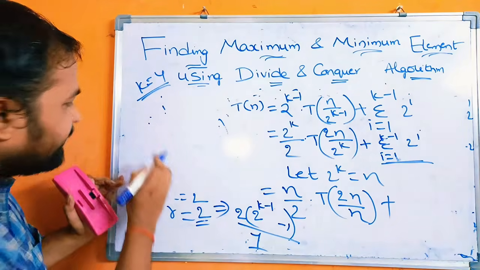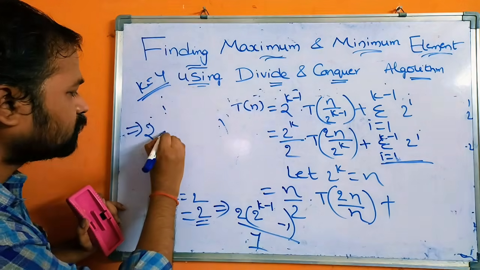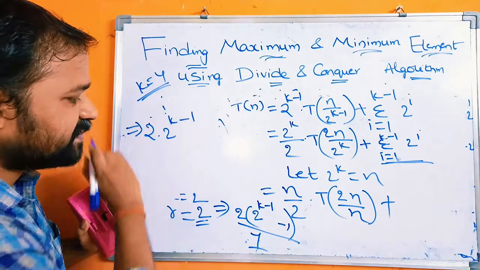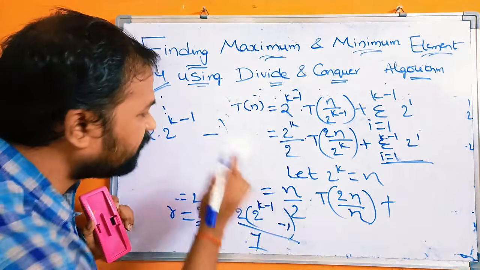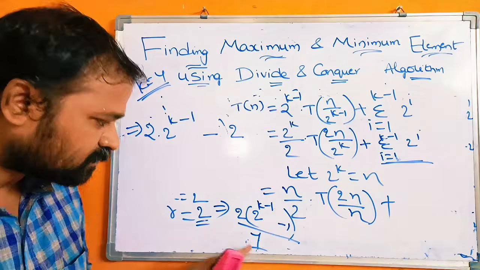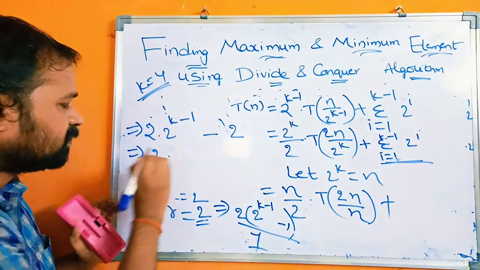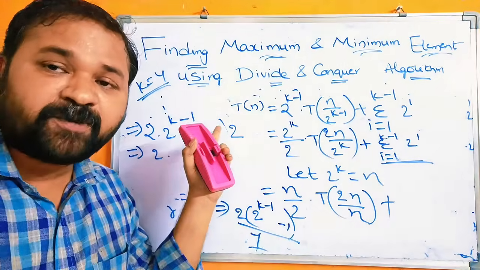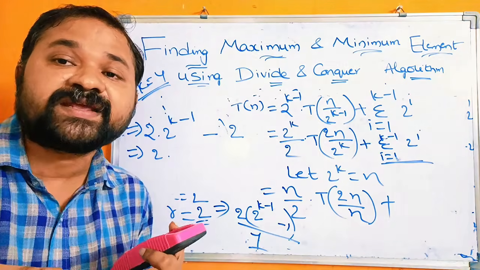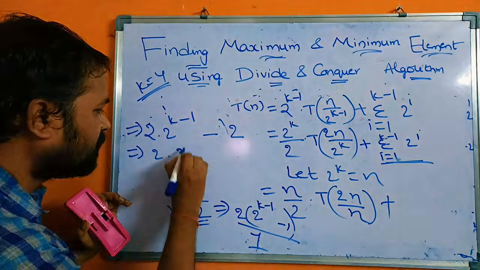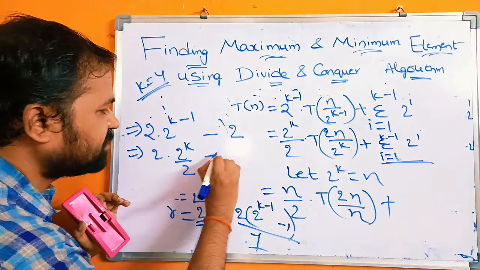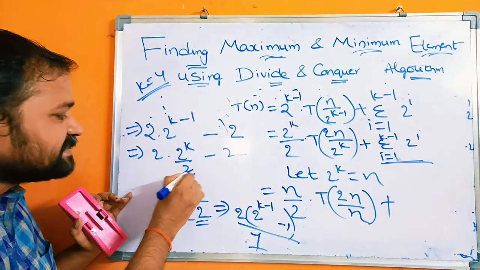So this can be written as 2 into 2 power k minus 1, minus 2 into 1 means 2. By 1 means there is no change. So 2 into a power m minus n, and a power m minus n means a power m by a power n. So 2 power k by 2, minus 2. So we can cancel this 2 and this 2.